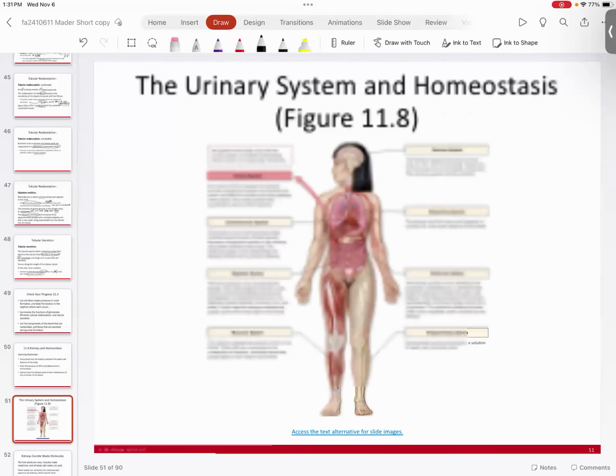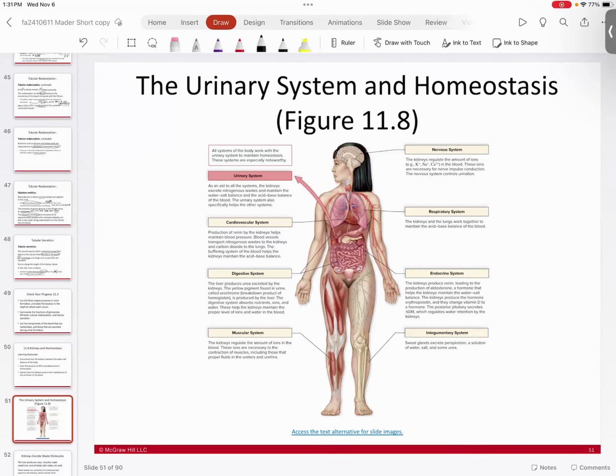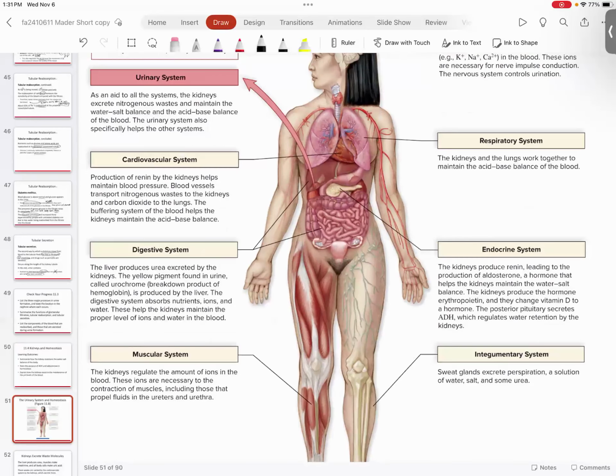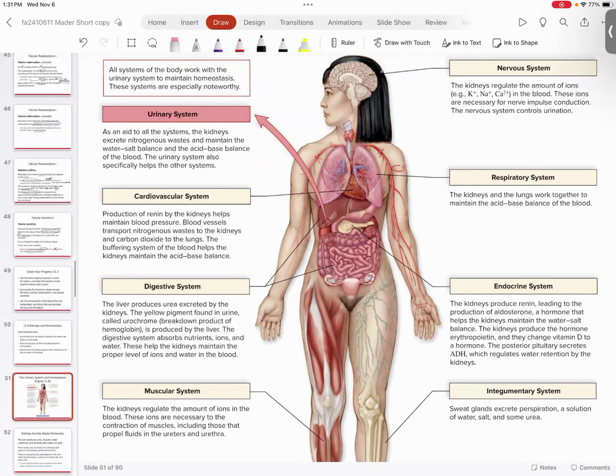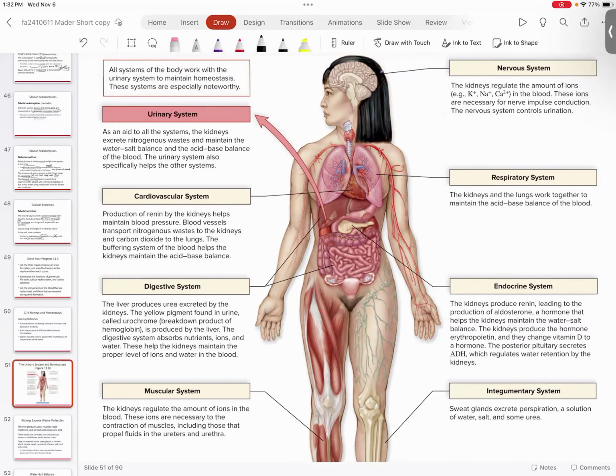Now let's go ahead and take a look at some homeostasis. When you take a look at the kidneys and homeostasis, you can see that essentially the urinary system touches just about everywhere. For instance, with the cardiovascular system, you're regulating blood pressure, so you're maintaining blood pressure.